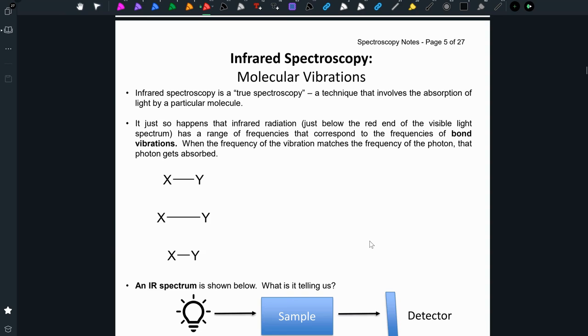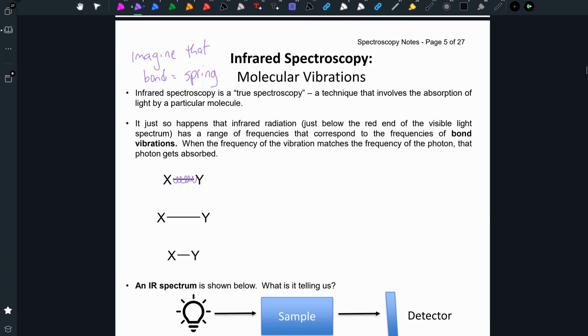All right, moving on now, we're going to talk about infrared spectroscopy. IR spectroscopy relies on the fact that bonds are essentially vibrating. You can imagine that the bond is a spring between two masses. Okay, so imagine we have a spring between two masses.